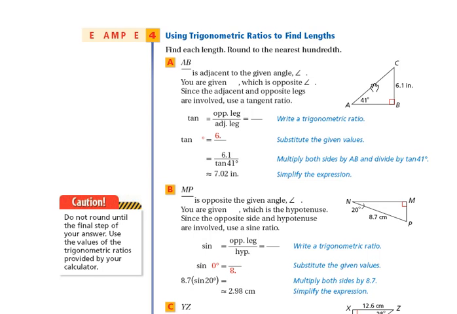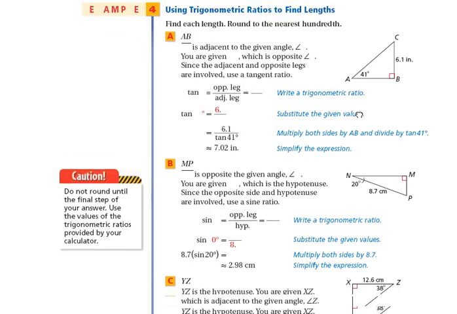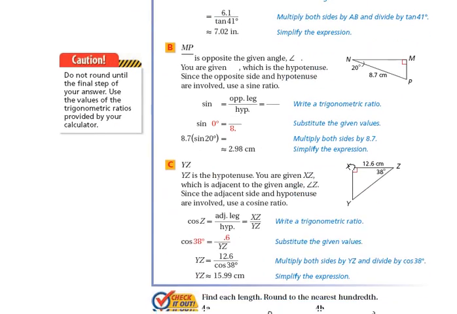We can find this hypotenuse, or this other leg down here. If we use tangent, it would be opposite over adjacent, and we can plug that into our calculator and solve for that side.